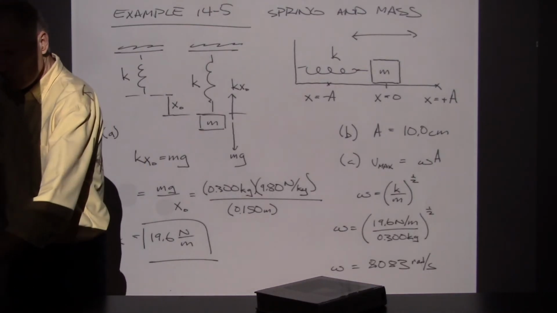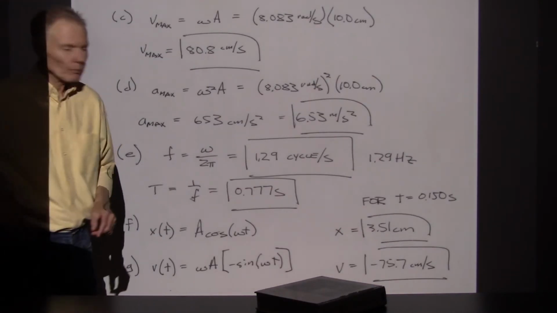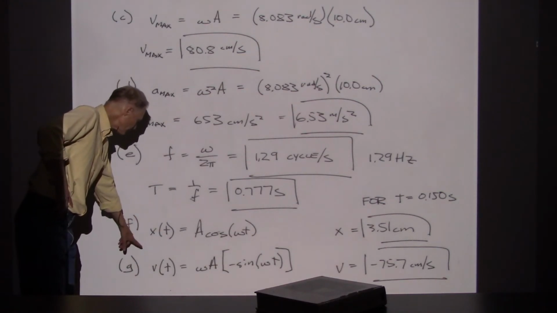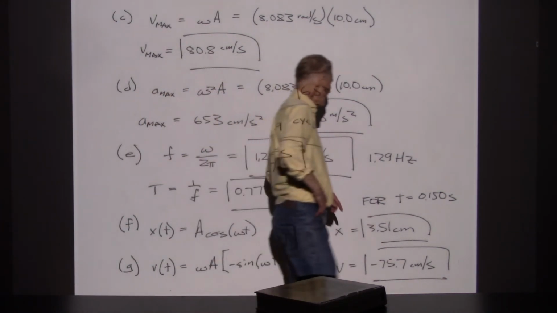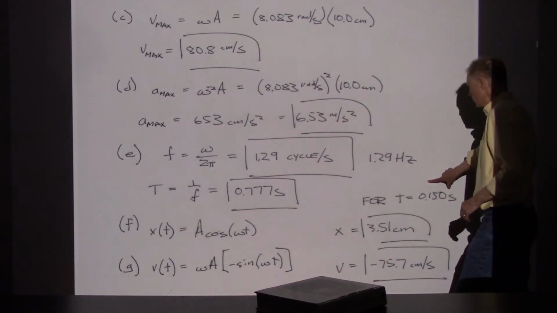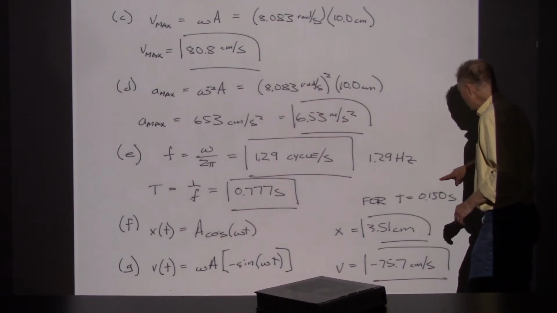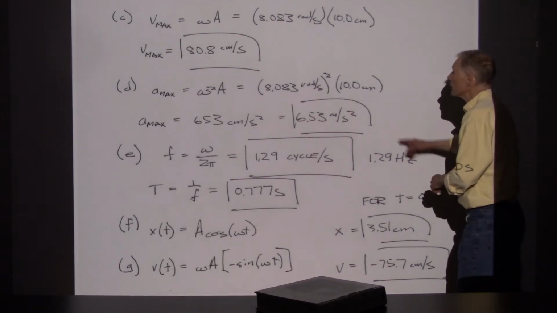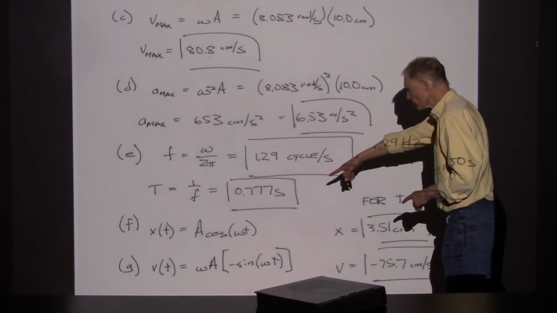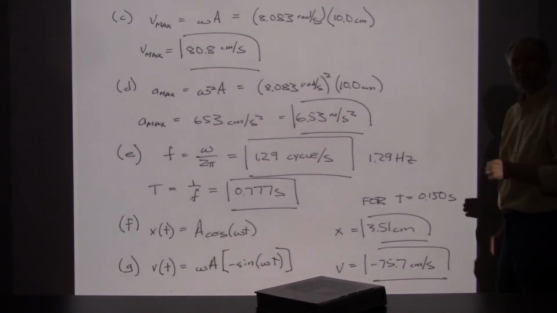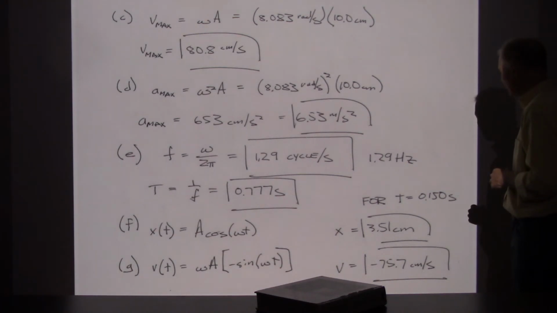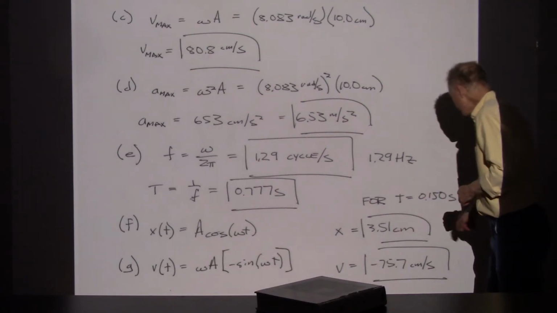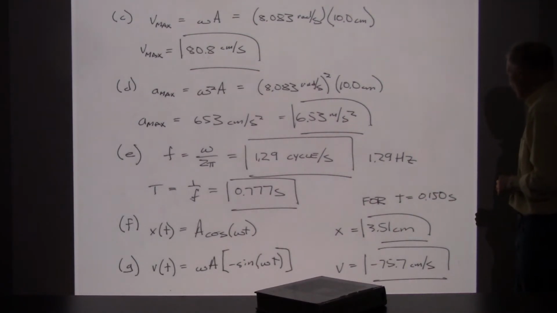And then let's take these two equations from F and G, and plug in time equal to 0.150 seconds. When I do that, and I put in the omegas, and I set my calculator to radians, I end up with a displacement of 3.51 and a velocity of negative 75.7.